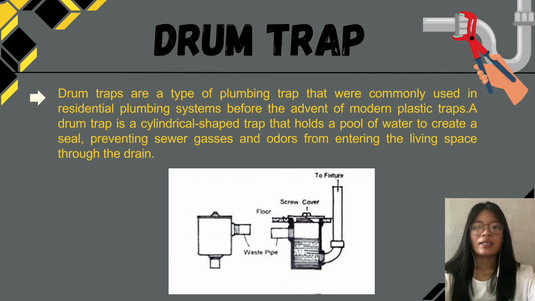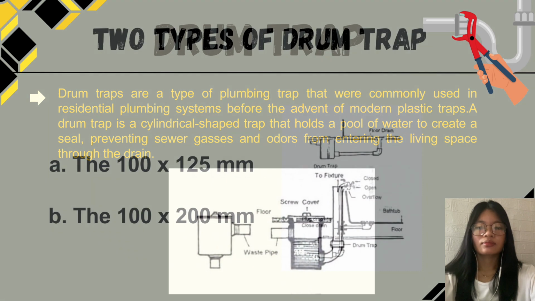Ang drum trap is intended for fixtures that are set on the floor like bathtubs, foot baths, and other similar fixtures. And also, ang drum trap is used on fixtures that discharge a substantial amount of water. It is effective where trap seal loss is more prevalent due to the velocity of the flow in short intervals.